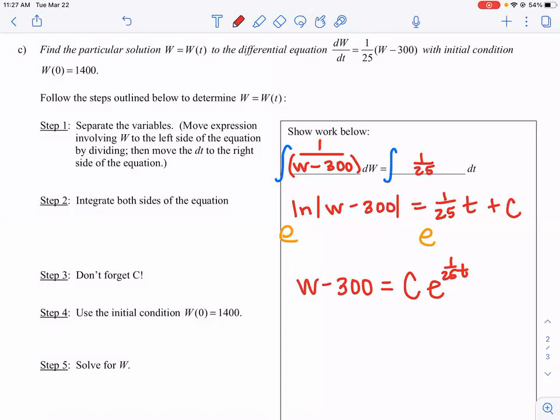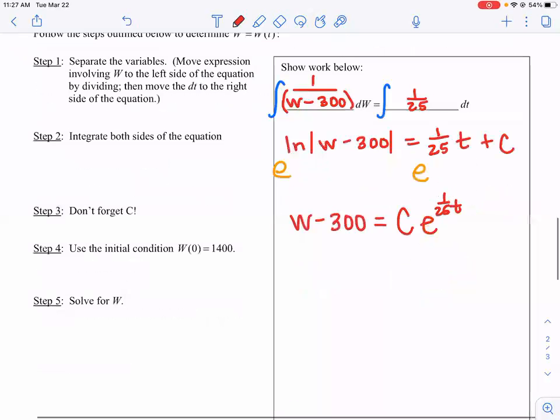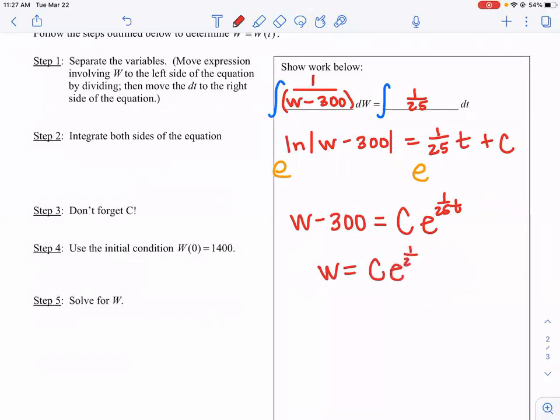Are you okay with me going straight there? Because this is e to the 1/25 t times e to the c, and e to the c is still a c. So we can add over that 300.